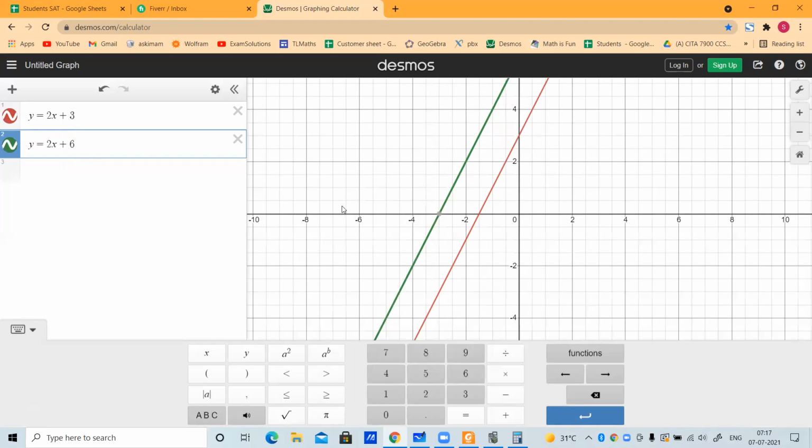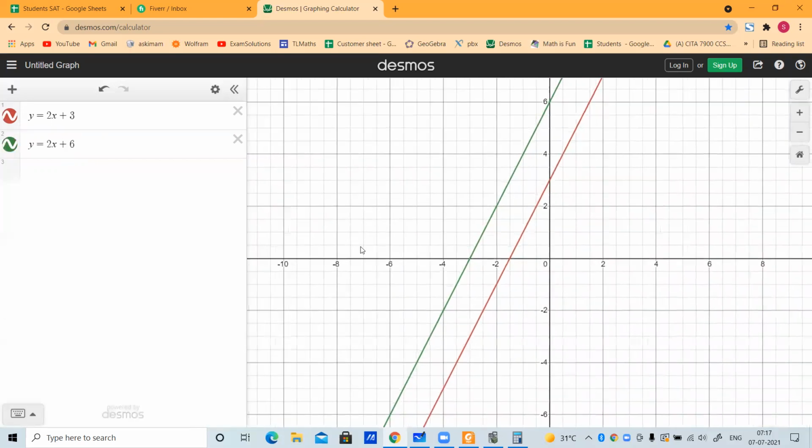So we got two parallel lines because they are having the same slope. When you're having the same slope, that means the lines will be parallel, isn't it? Yes. So when you're having two parallel lines, will they intersect each other? No. Will you get the value of x or y?